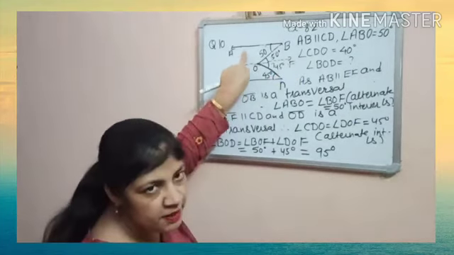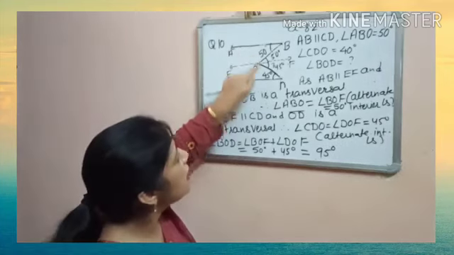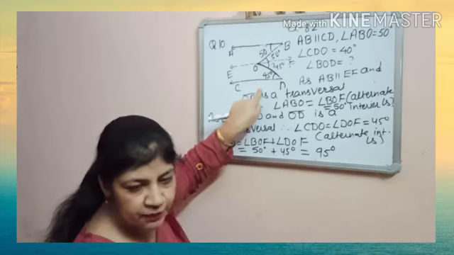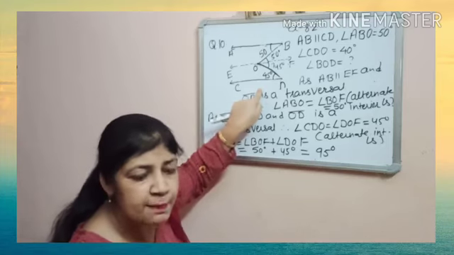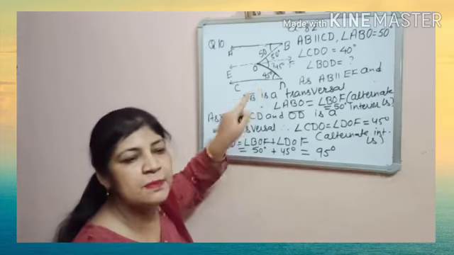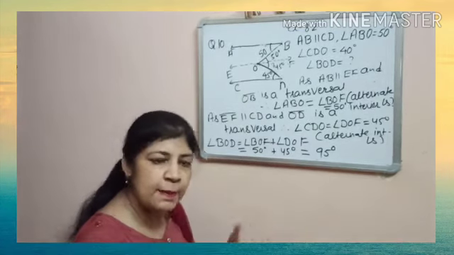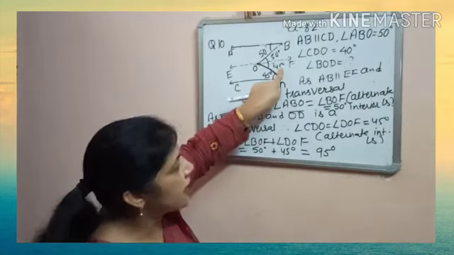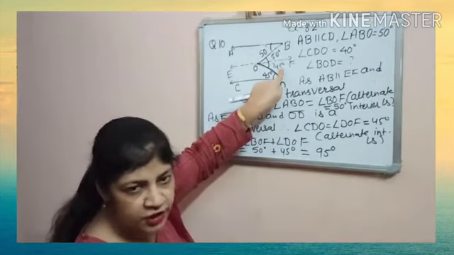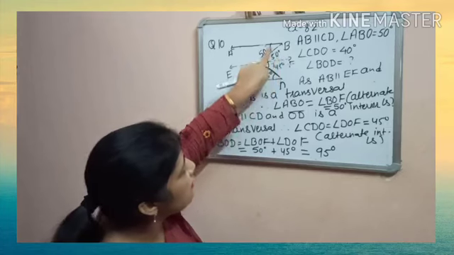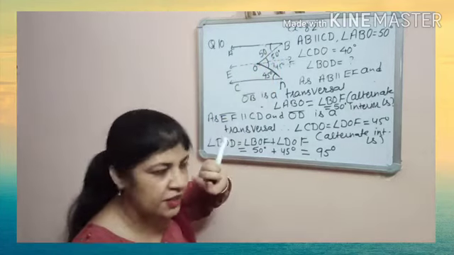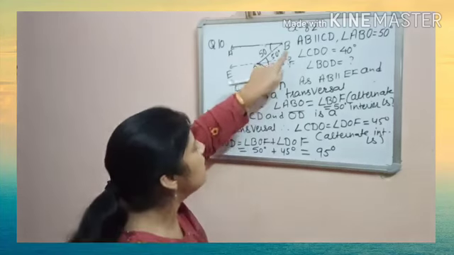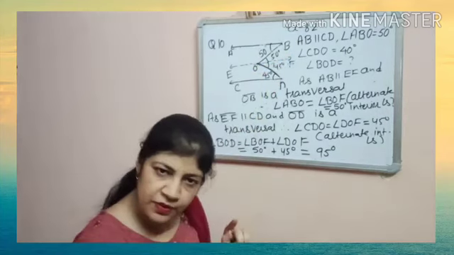EF is parallel to AB, you have drawn, and if it is parallel to AB, then it is automatically parallel to CD. You have to write the reason why they are parallel, because two lines parallel to the same line are parallel to each other. Then this angle will be 45 degrees by alternate interior angles, this angle will be 50 degrees, same alternate interior angles, and when you add these two angles, you will get angle BOD. Is that clear?